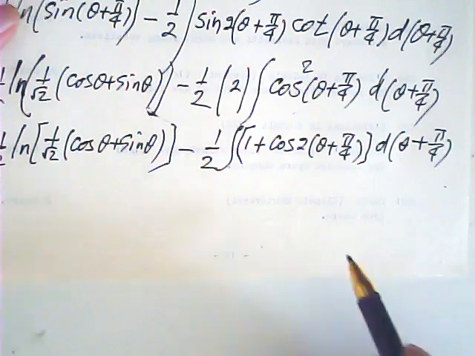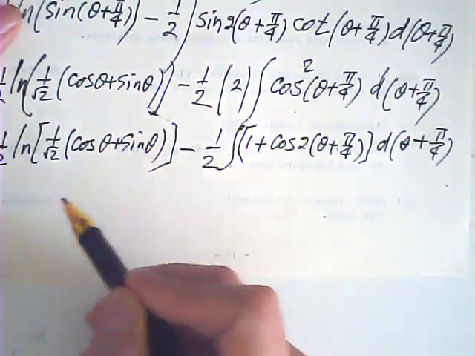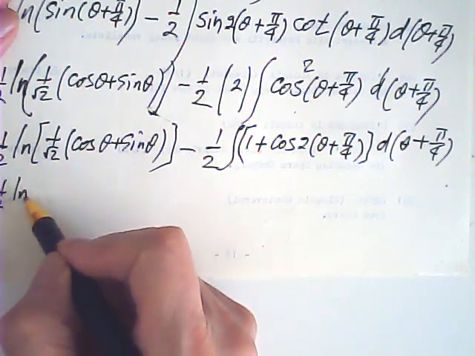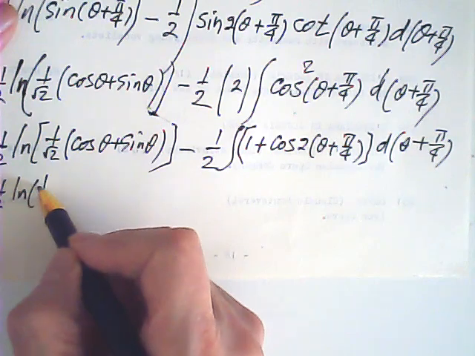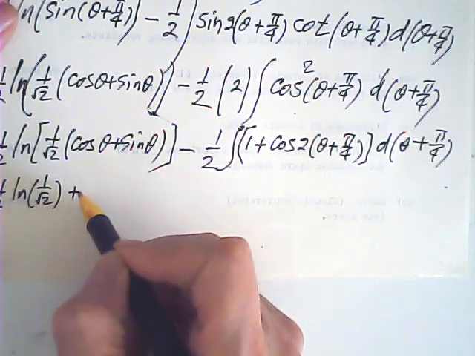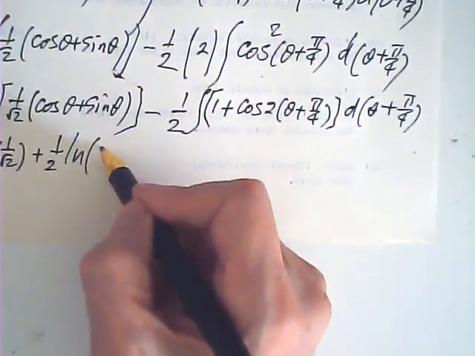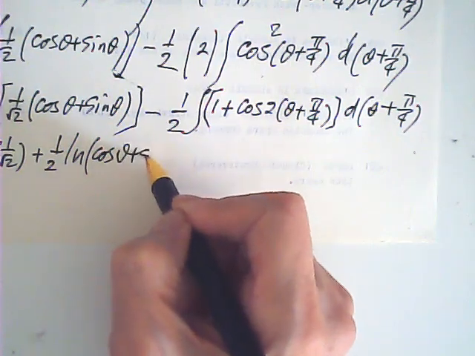Yeah. So this one is equal to 1/2 times log 1 over root 2 plus 1 over log cosine plus sine.